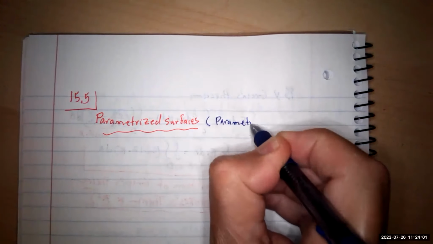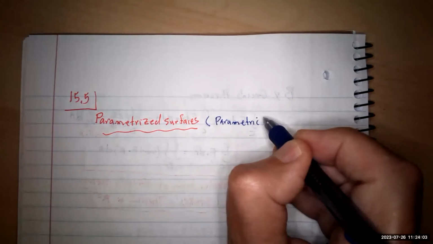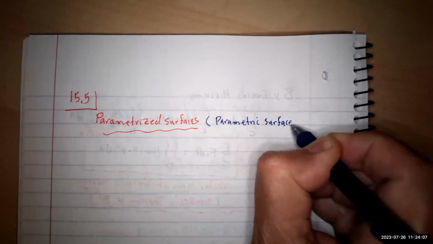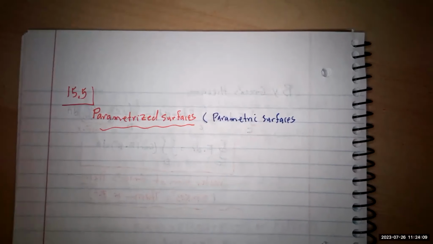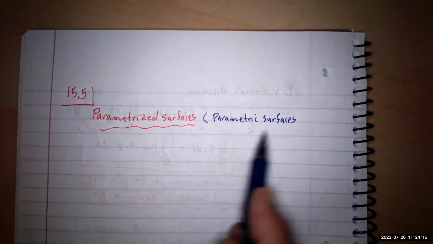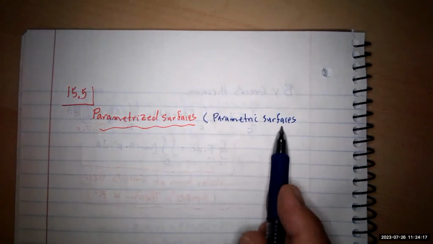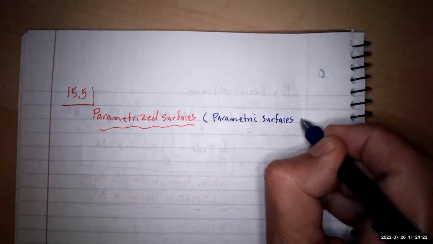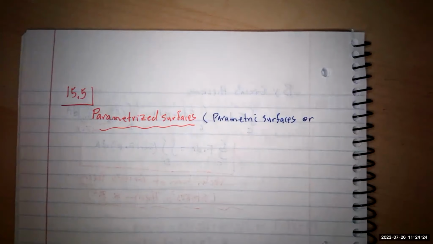That means this is a surface given to you by parametric equations. Parametric surfaces is a better expression to remember. Or, if you like, another one is the same as parametric equations of a surface.